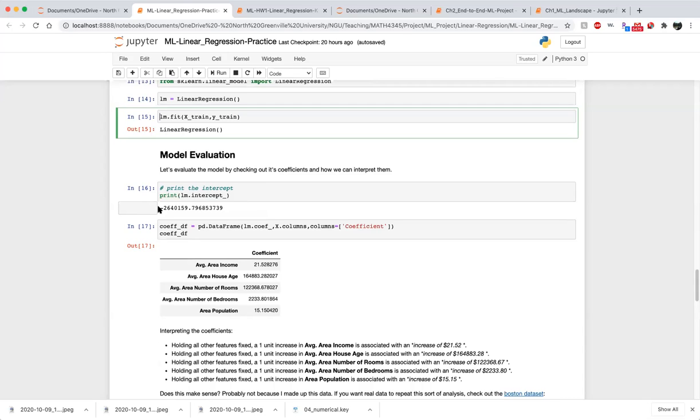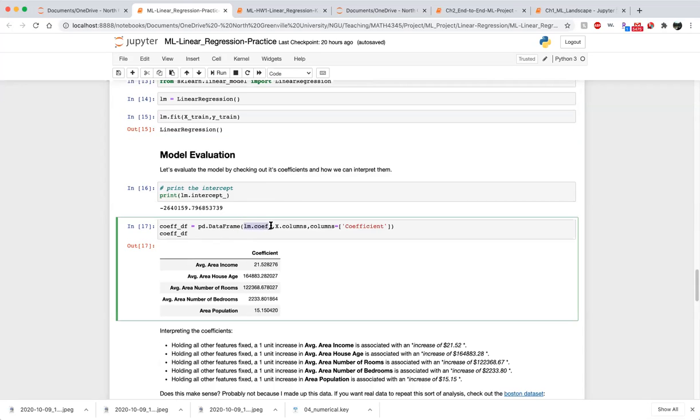And the coefficient data frame returns theta 0 through theta n, the parameters. You see lm.coef_, which has the parameter data.